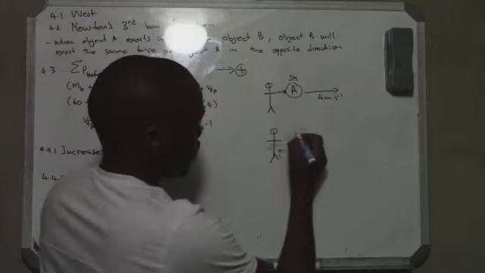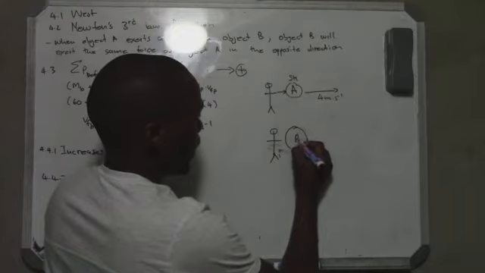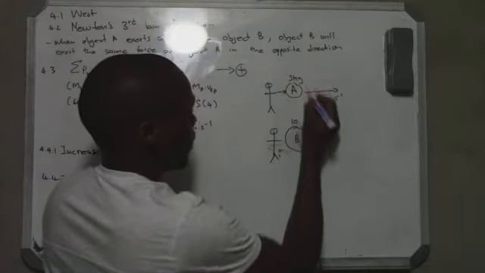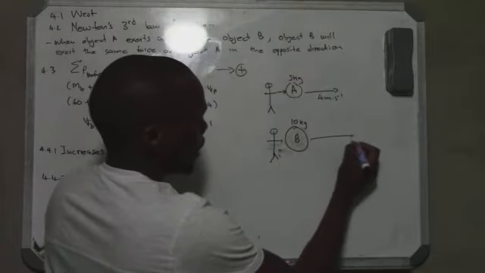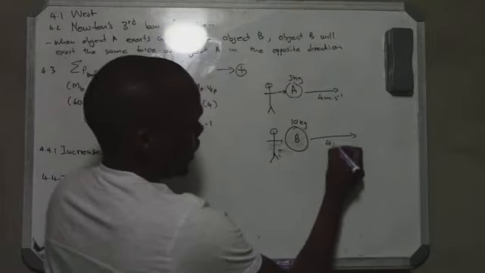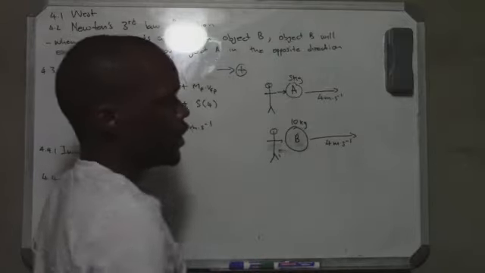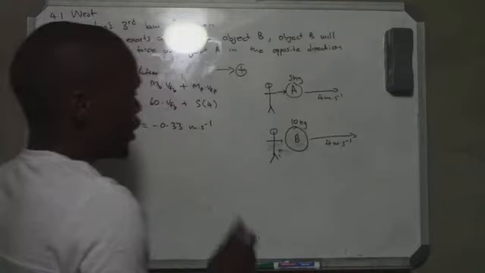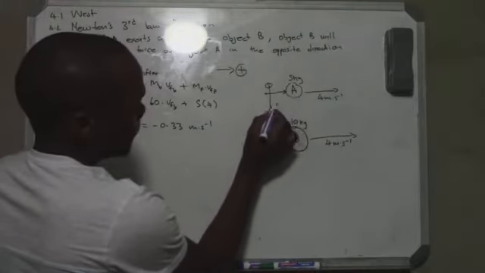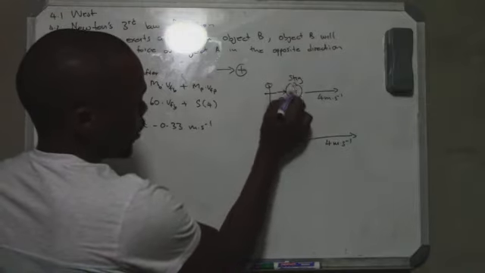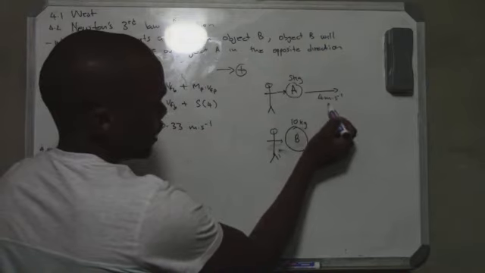Yeah, double the mass. So if you double the mass, it will be 10 kg. So it's a bigger package now. That one is 5 kg, this one is 10 kg. So he throws the package away, and it moves at the same velocity as the original package. So in case 1, he throws the package of 5 kg, and as it leaves his hands, it leaves at 4 meters per second.